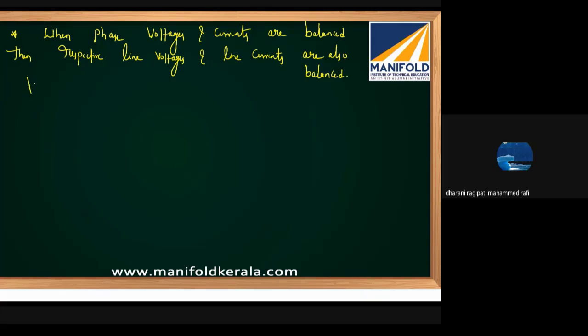That means VAB plus VBC plus VCA, this condition is always valid irrespective of balanced or unbalanced. The sum of all line voltages is by default 0. And similarly the line currents IA, IB plus IC is 0. So this will be automatically taken care of if the currents in the three-phase system are balanced.